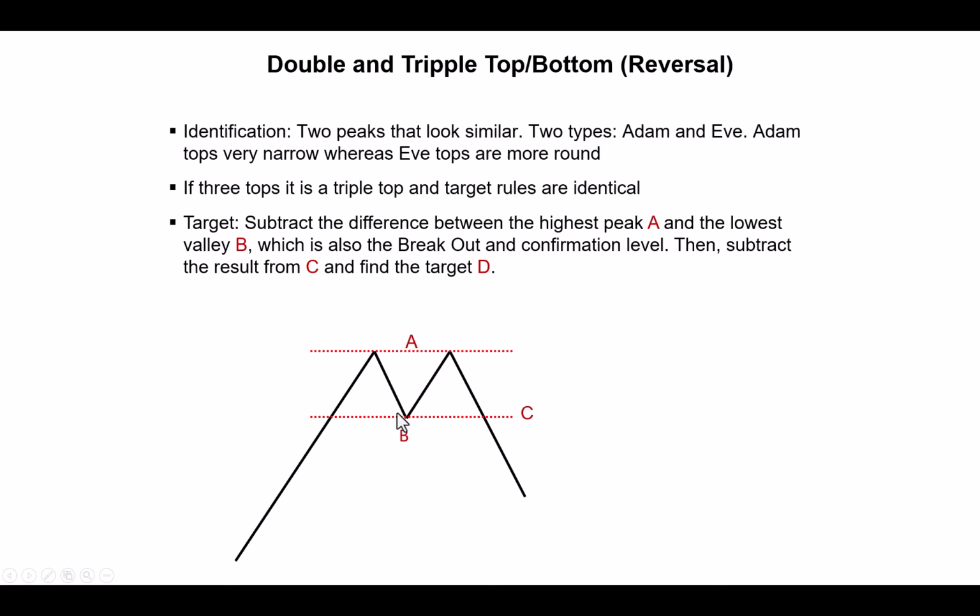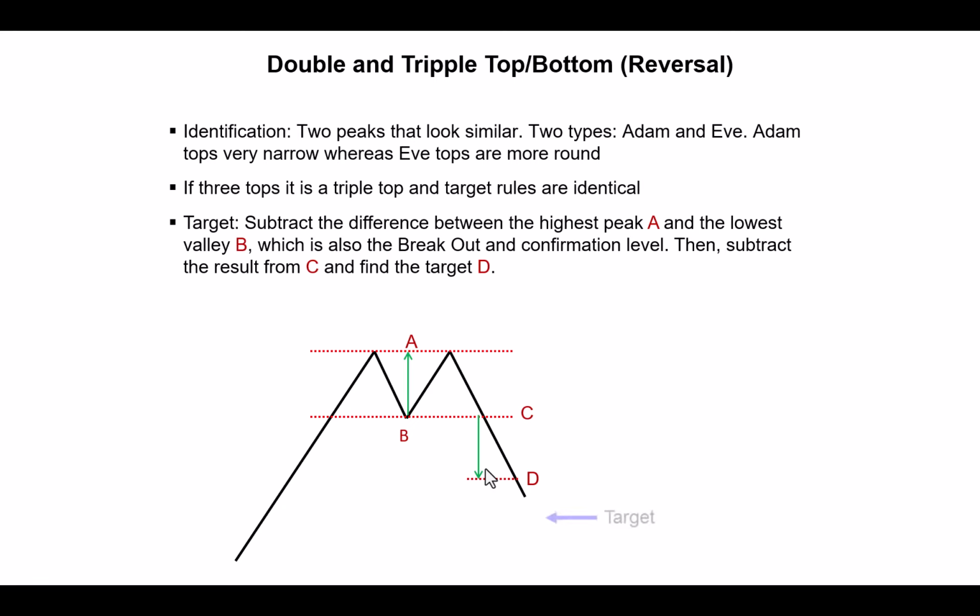This is the valley, that's B. And when it breaks below, we draw a horizontal line. It doesn't have to be horizontal on shoulder to shoulder, but here it has to be horizontal. We draw that line horizontally, and that is what we call the breakout price. When we break below that, we take that difference and subtract it to the C, and then we have the target D.